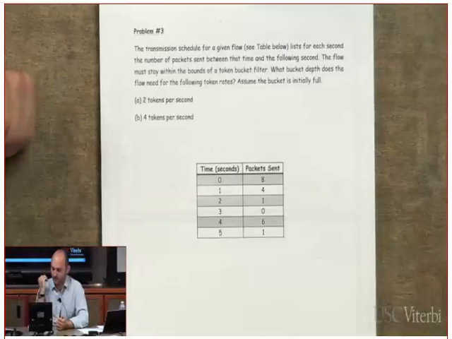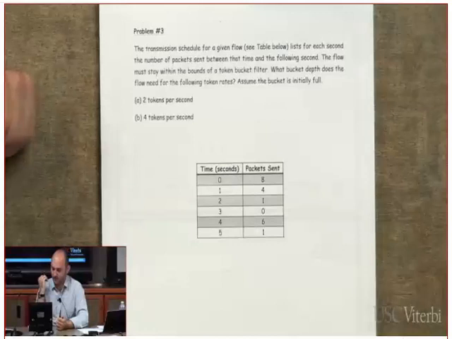Hold on. What did I do here wrong? Oh, it's here. Okay, we have 3 tokens left from here.